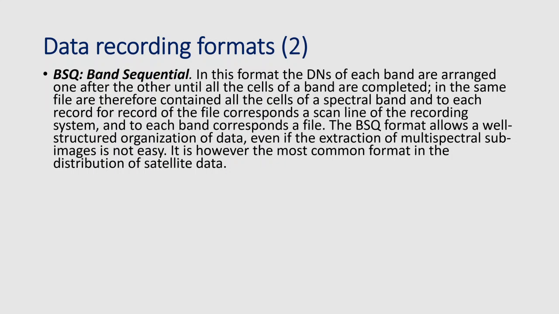In the same files are therefore contained all the cells of a spectral band, and to each record of the file corresponds a scan line of the recording system, and to each band corresponds a file. The BSQ format allows a well-structured organization of the data, even if the extraction of multiple sub-images is not easy. It is, however, the most common format in the distribution of satellite data.